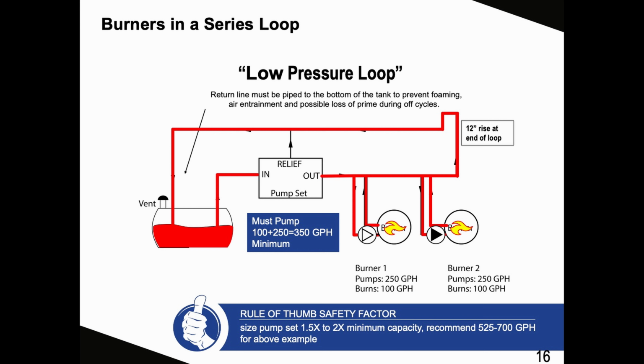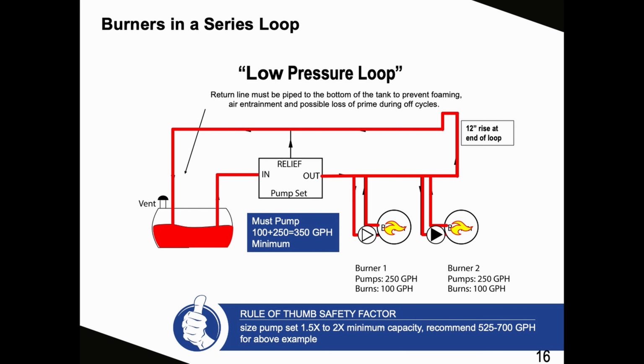So that would be 100 gallons an hour plus the 250. We get a 350 gallon an hour minimum. It's then recommended that you apply a safety factor of 1.5 to 2, and so we would recommend a 525 to 700 gallon an hour range for the size of the pump set.